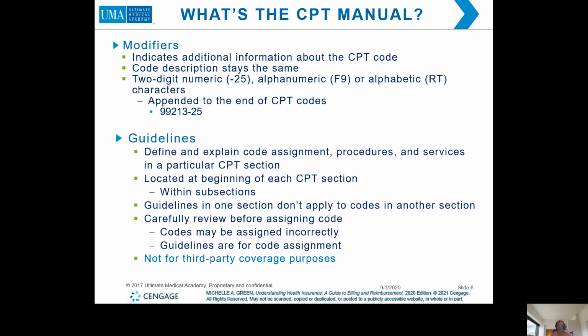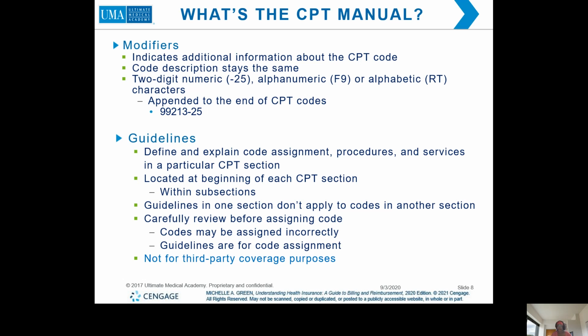So what else is in the CPT manual? There's modifiers. A modifier is a 2-digit numeric, alphanumeric, or alphabetic character. I want to say code, but it's not really a code.